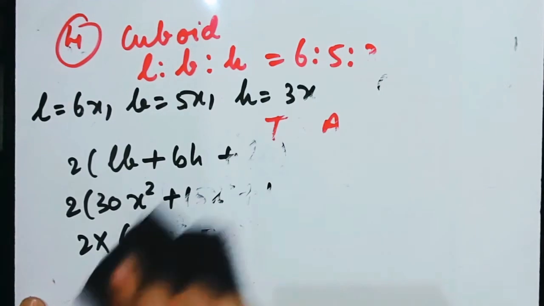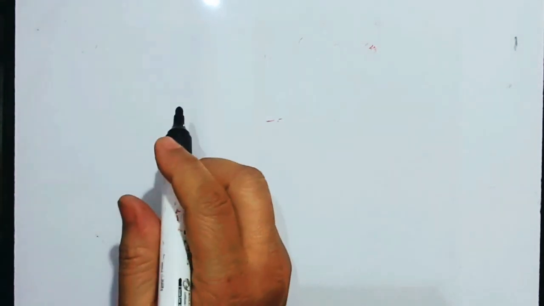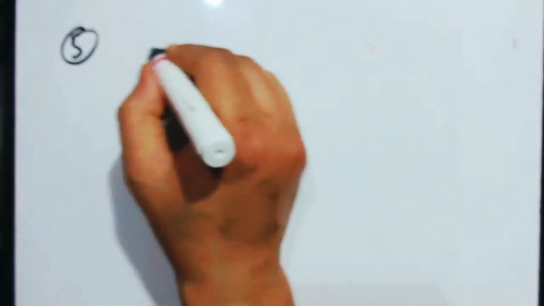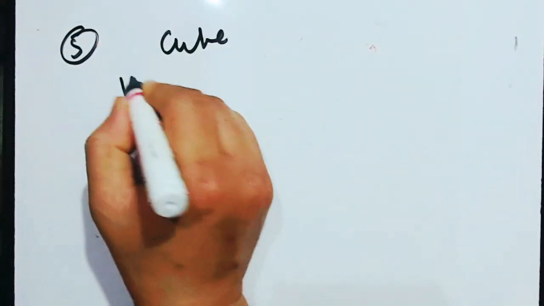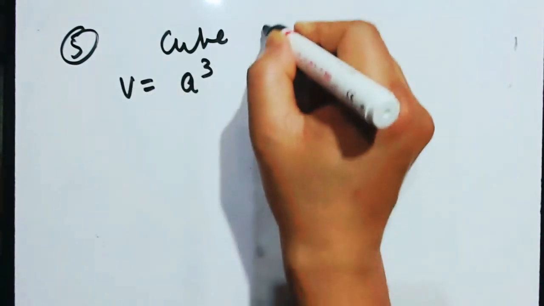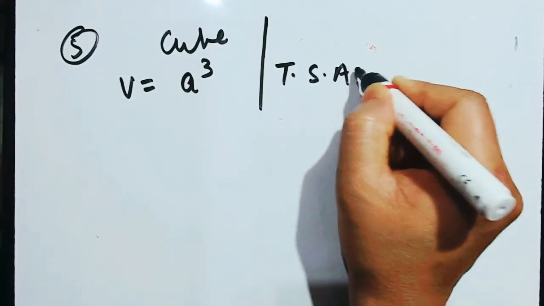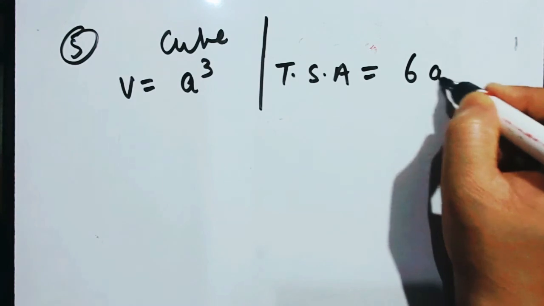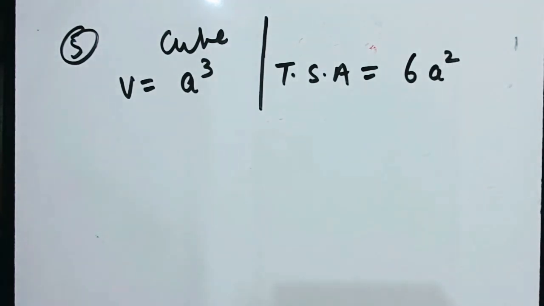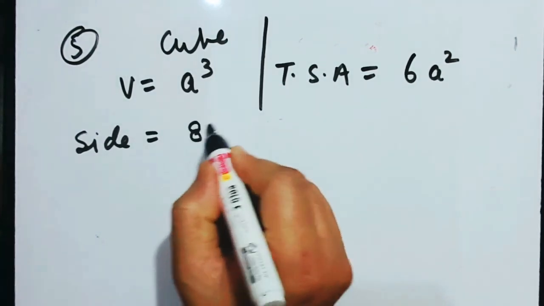Number 5 says, find the volume and total surface area of a cube. So here once again, before we start, number 5 gives us a reminder about the volume of a cube as side cube, and the total surface area as 6a square. They have given you the side as 8 centimeter.